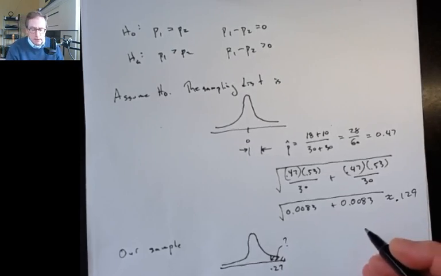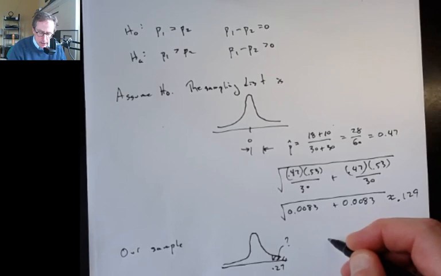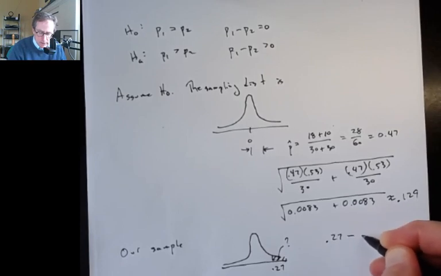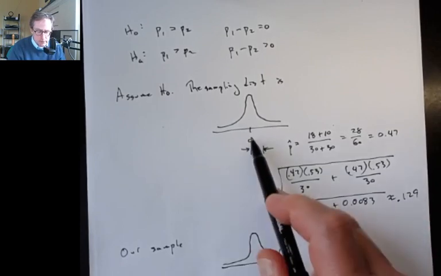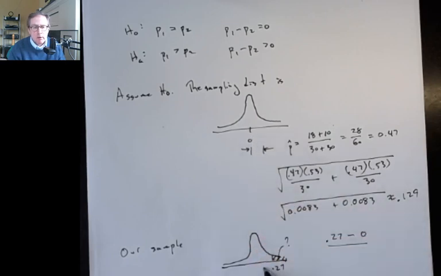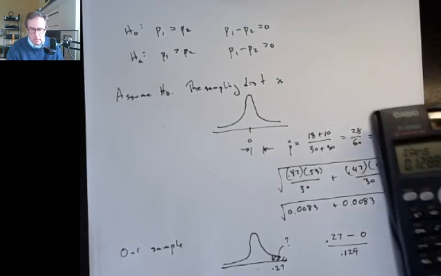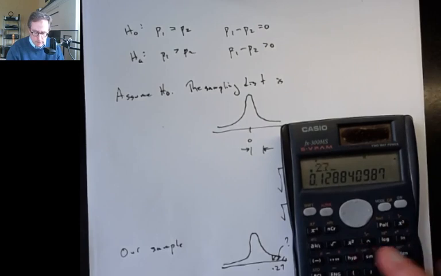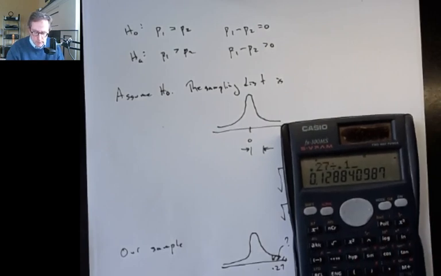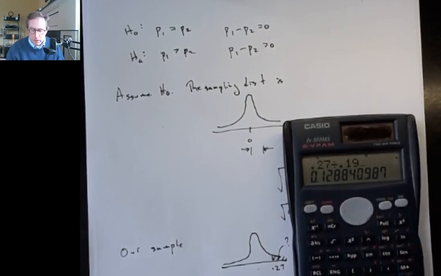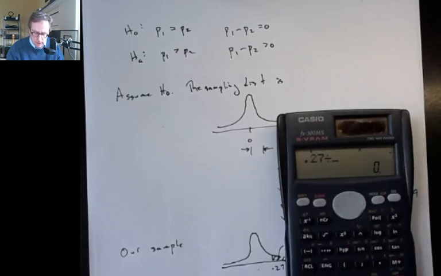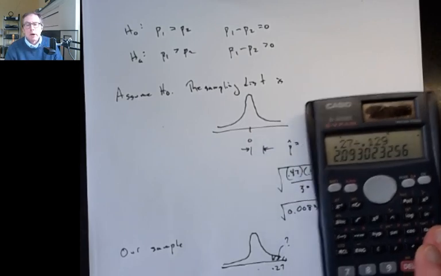So to calculate the p-value, you always work the same way. You take 0.27 minus the middle, because that's the middle, divide by the spreadedness, 0.129. 0.27 divided by 0.129 equals 2.09.